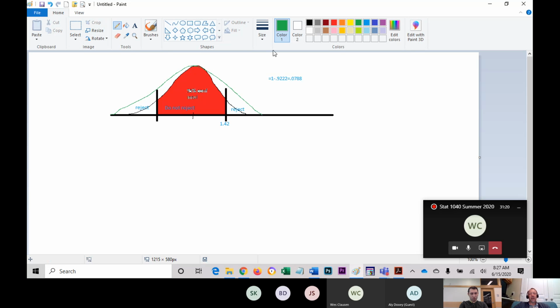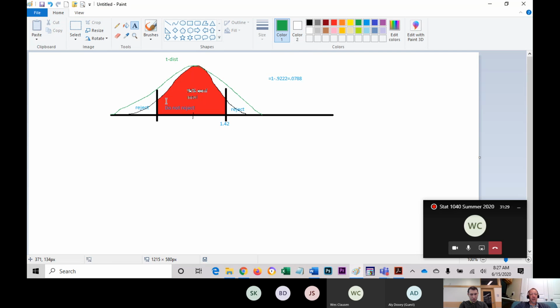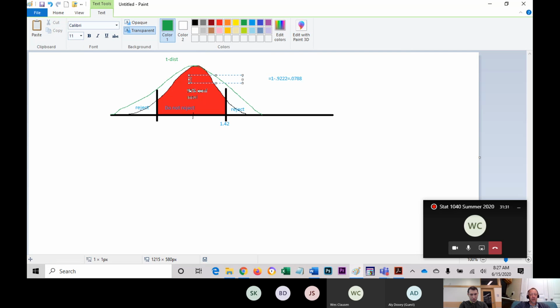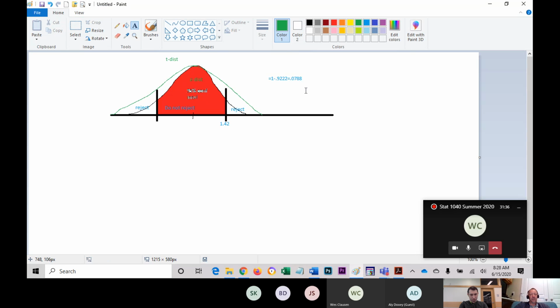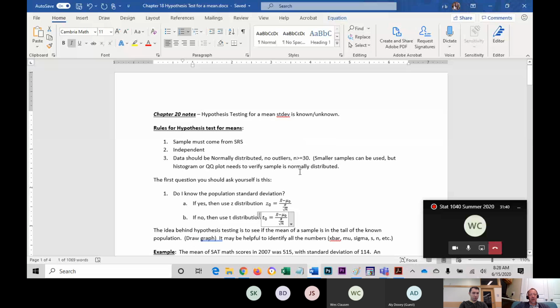So in this case, the green would represent your t distribution, and the red would represent the z distribution. Oh, that's hard to read, okay? So when we're doing hypothesis tests for means in this chapter, we're going to mostly concentrate on the t distribution because it's the new distribution.